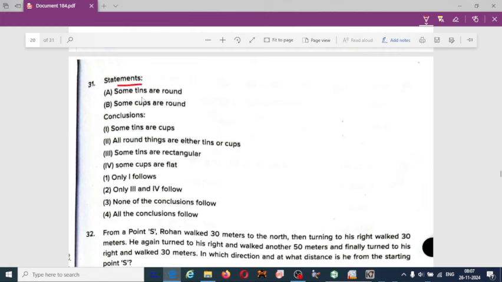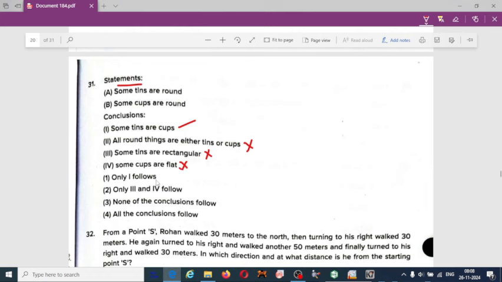Statements are given. Some tins are round, some cups are round. Conclusion: some tins are cups. Okay. All round things are either tins or cups, which is not correct. Some tins are rectangular, that is also not correct. Some cups are flat, we don't know, from the given statement they have not mentioned.